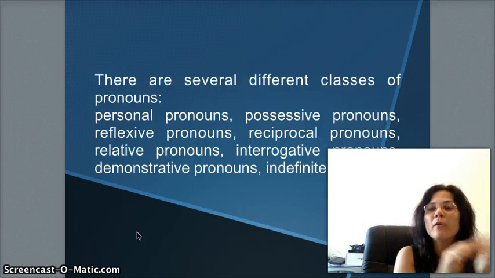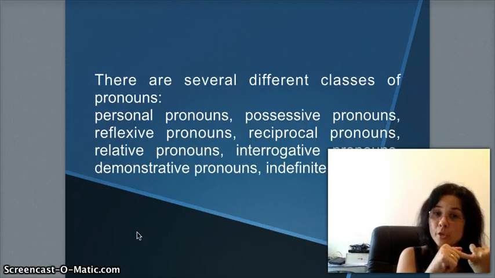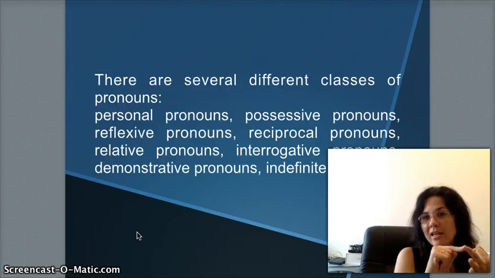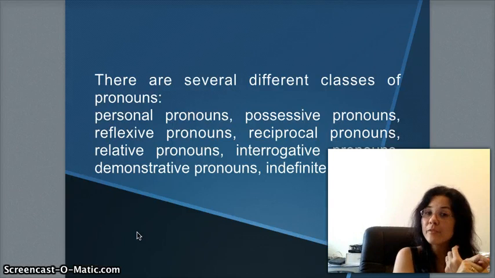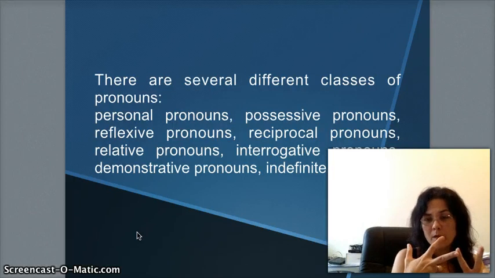When you think about the different ones, we think about personal pronouns, possessive pronouns, reflexive pronouns, reciprocal pronouns, relative pronouns, interrogative pronouns, demonstrative pronouns, and indefinite pronouns.